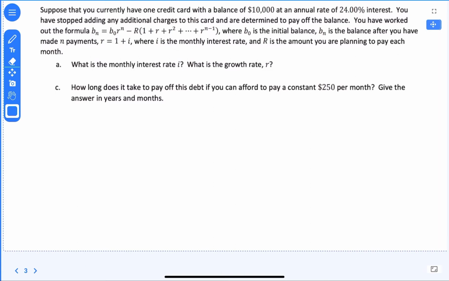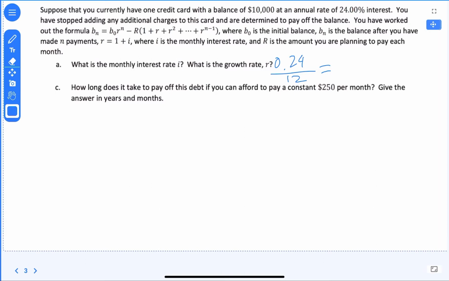What is the monthly interest rate? I. And what is the growth rate? R. So we would have to say, what is the interest rate? It was 24%, so 0.24 divided by 12, right? Because that's monthly.